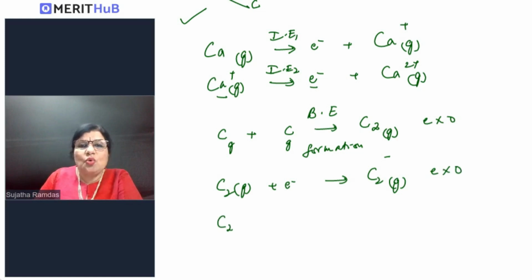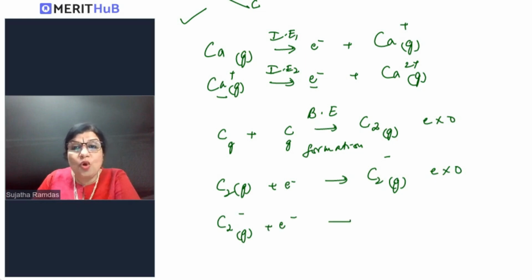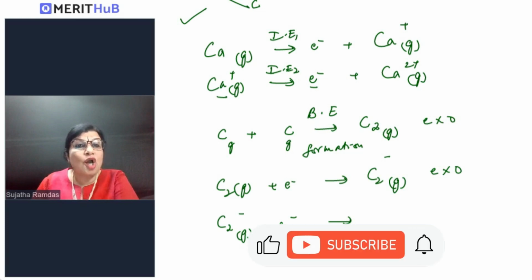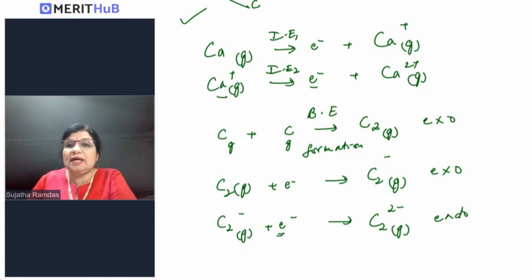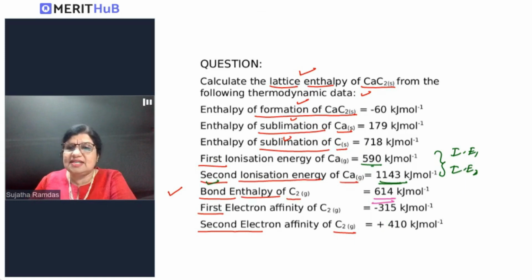Now C2 1 minus gaseous ion, when it gains 1 more electron, because of repulsion, this electron is not held firmly in the valence shell. Energy has to be absorbed. Because of that, the formation of C2 2 minus gaseous would be endothermic, as stated in this list.